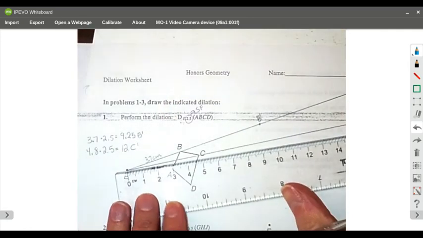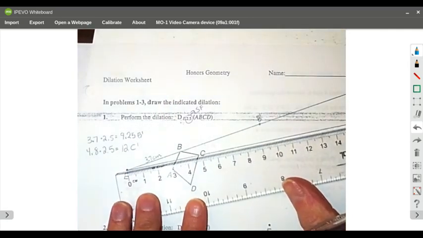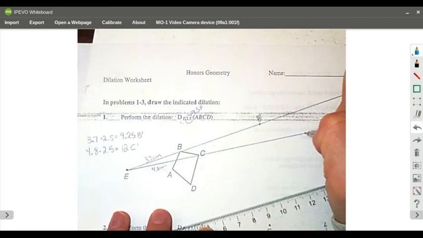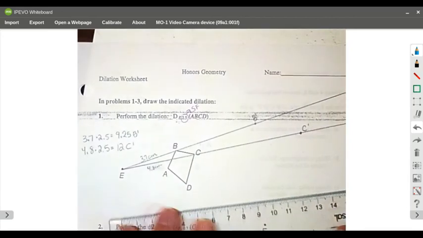So back to E, 12 is over here. So that's where my C prime is. And you just do that for all of them.